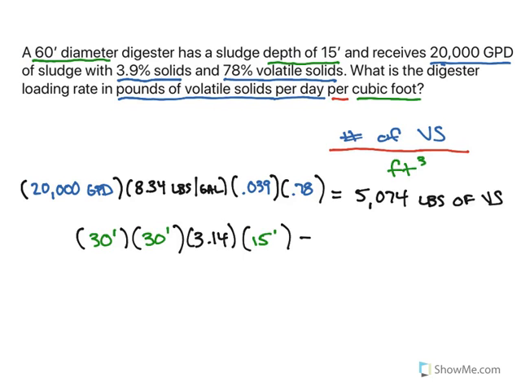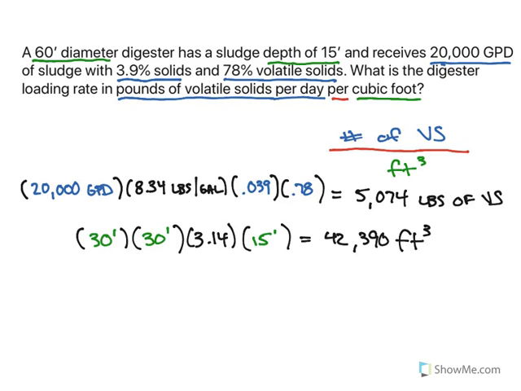So let's multiply this out. 30 times 30 times 3.14 times 15 would give us 42,390 cubic feet.